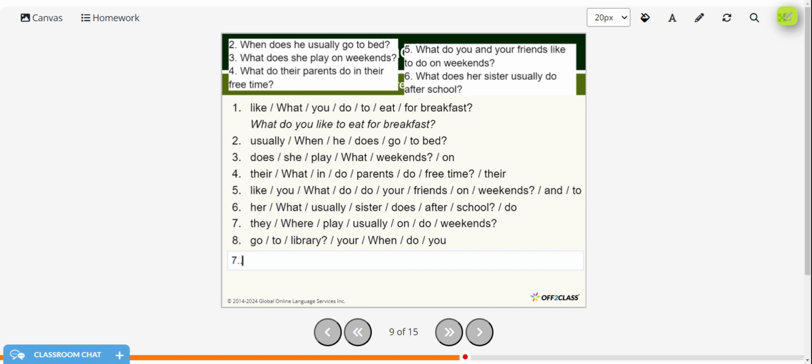So the correct order would be where do they usually play on weekends? And finally, number 8, go to library. When do you? So it should be when do you go to your library?